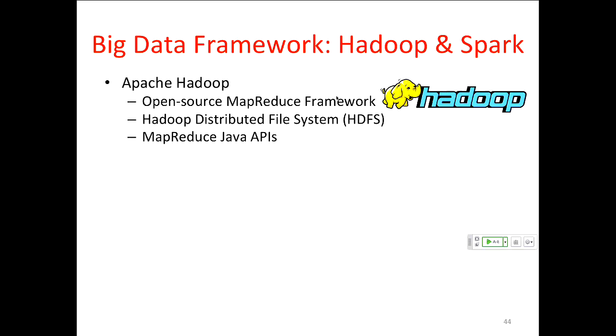It provides the file system which manages the files across multiple disks, and it also provides MapReduce Java APIs, so you can implement MapReduce in Java by using its interfaces, okay?